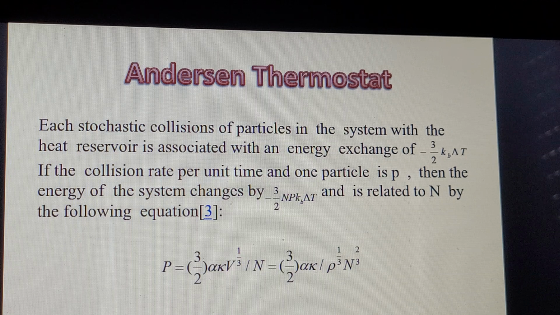You see that P here is like a probability that can be written in this form.